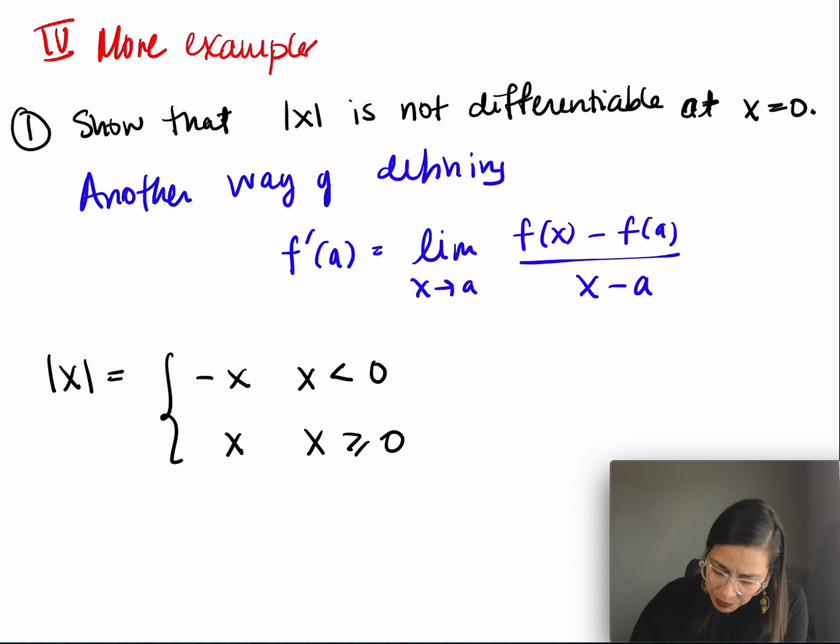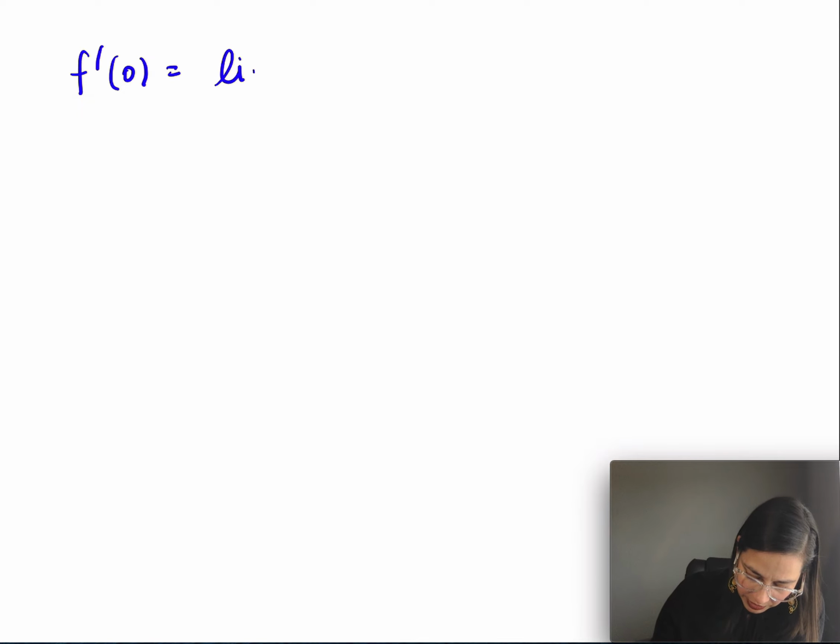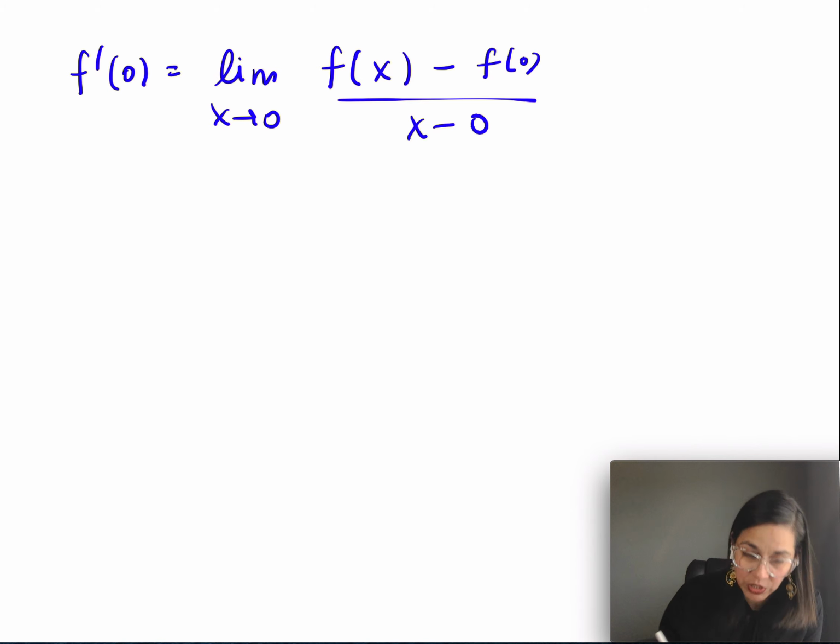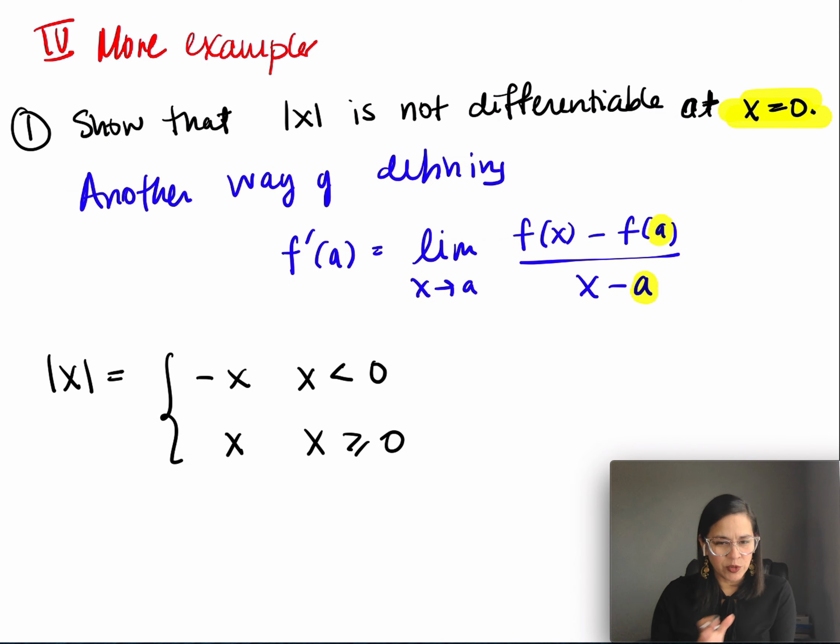So since I'm computing the derivative at x equals 0, then we know that this a will be 0 in this case, okay? So let's do it, right? Now we have f prime of 0, it's equal to the limit as x goes to 0 of f of x minus f of 0 all over x minus 0, okay? I've replaced my a's with zeros, okay?